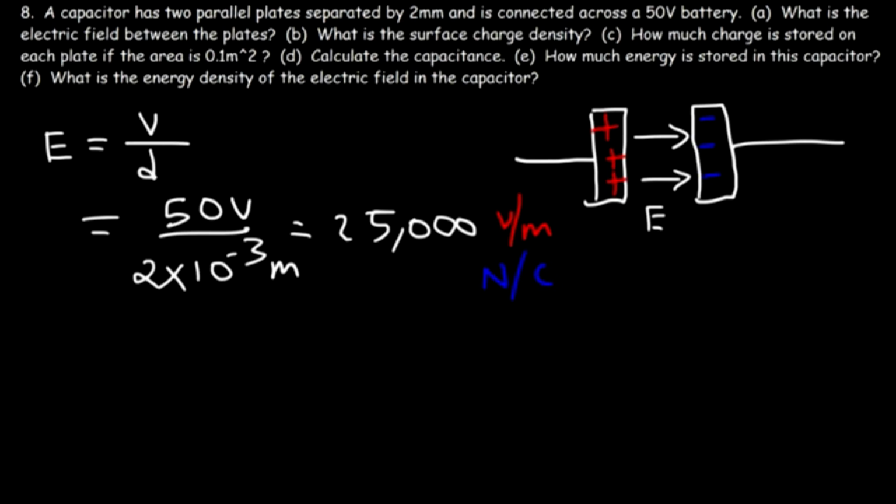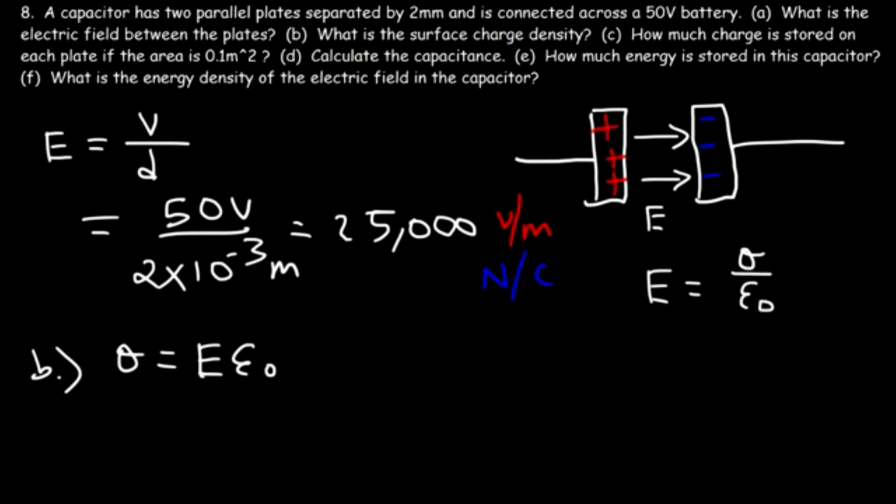Now what about part B? What is the surface charge density? The surface charge density is the product of the electric field times the permittivity of free space. You've seen this equation earlier in the video. E is equal to sigma divided by epsilon sub naught.